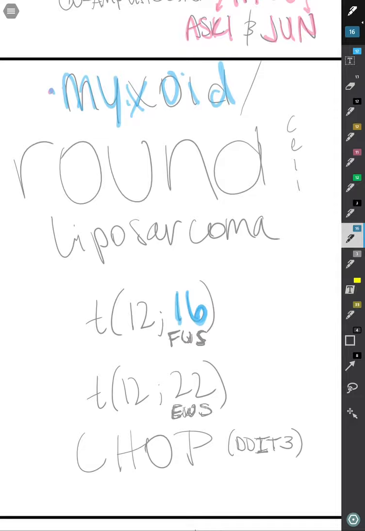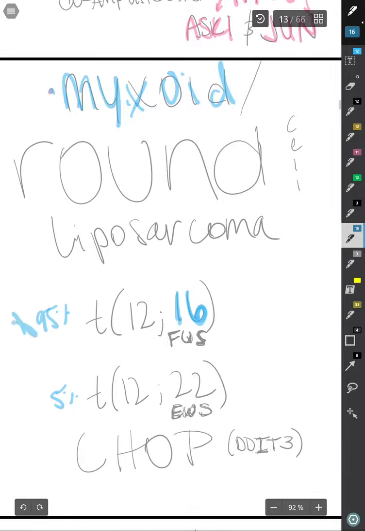We can see here that we have translocation. There's two different translocations. This top one is 12;16, and this is the most common. It's like 95% of your translocations. And then this bottom one involves your Ewing sarcoma gene, EWS, which is on chromosome 22. That only represents 5%.